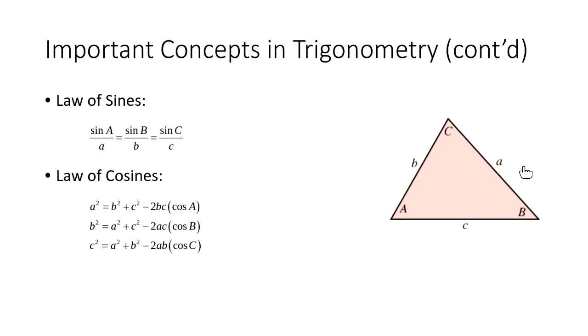The law of cosines is just an expanded, more general expression of the Pythagorean theorem: a squared equals b squared plus c squared minus 2bc cosine of A. If A happens to be your right angle, this term goes to 0, and you're left with the Pythagorean theorem. So it's basically a version of that. Incredibly important for solving triangles. I have a problem on your homework assignment dedicated explicitly to that.